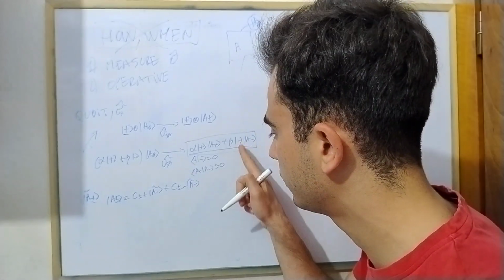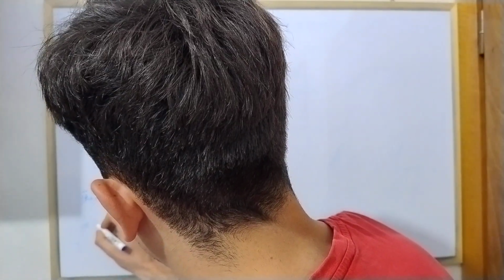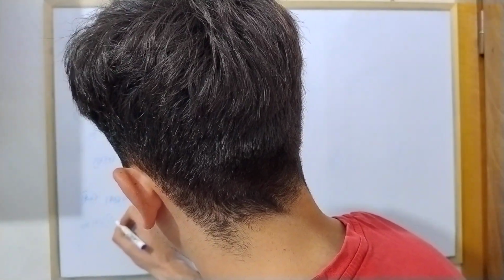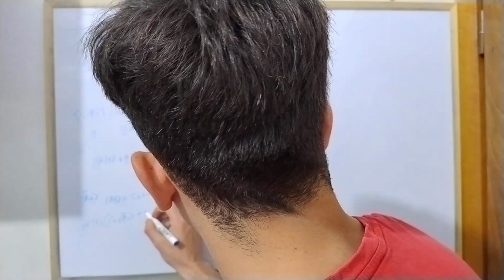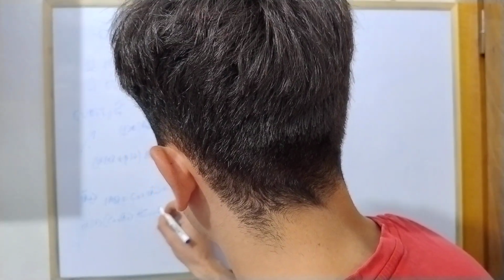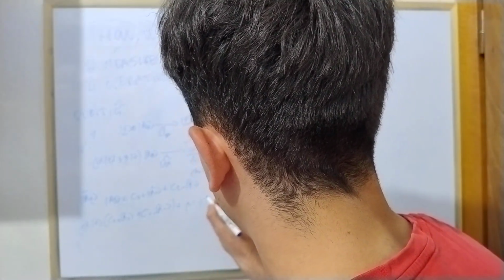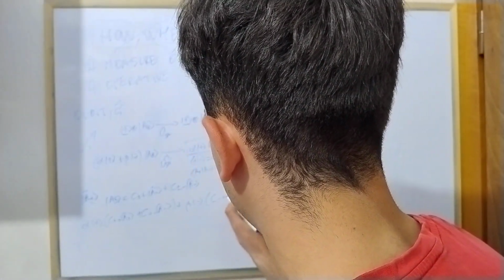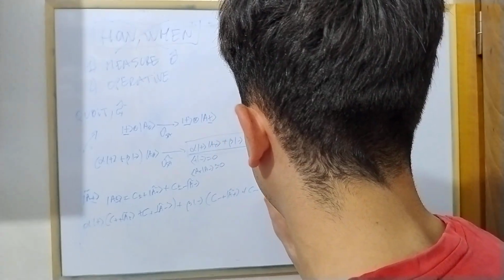And if you plug this into this expression, we get alpha plus times (C plus plus A tilde plus, C plus minus A tilde minus) plus beta minus, and here we have (C minus plus A tilde plus, C minus minus A tilde minus).